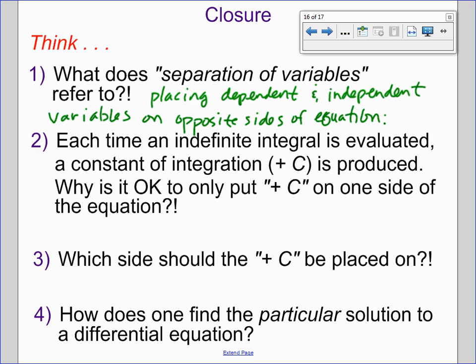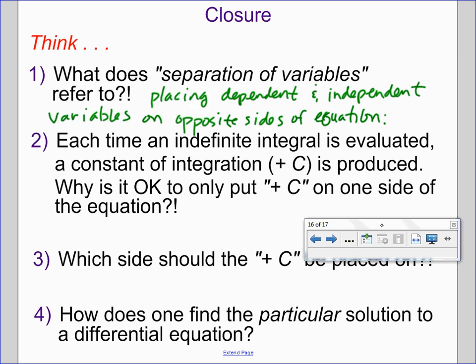Keep in mind that we can only do that using which two operations? We can only separate the variables using which two operations? Sophia? Multiplying or dividing. Absolutely. So we're only allowed to do that by multiplication or division. Nice.